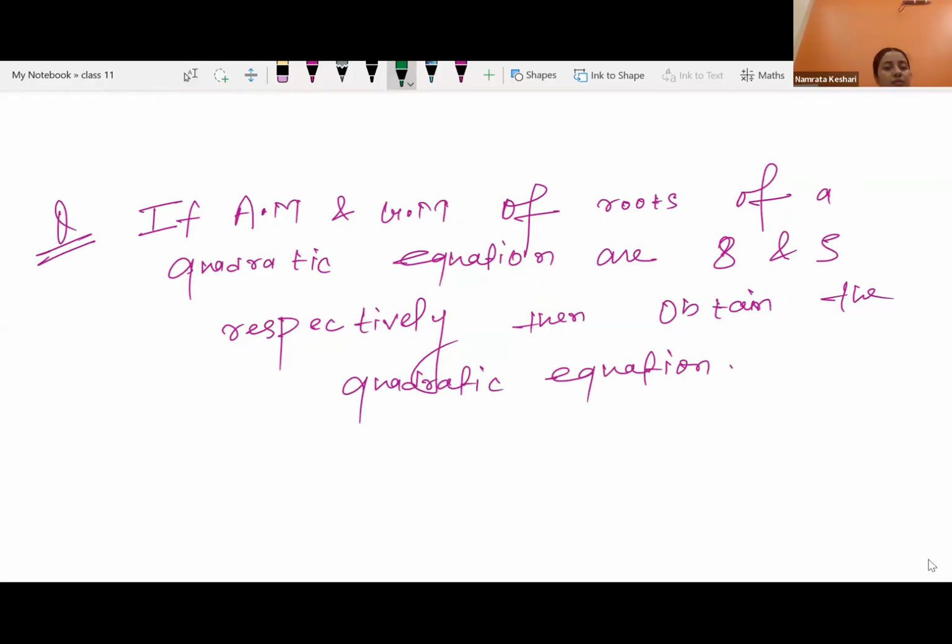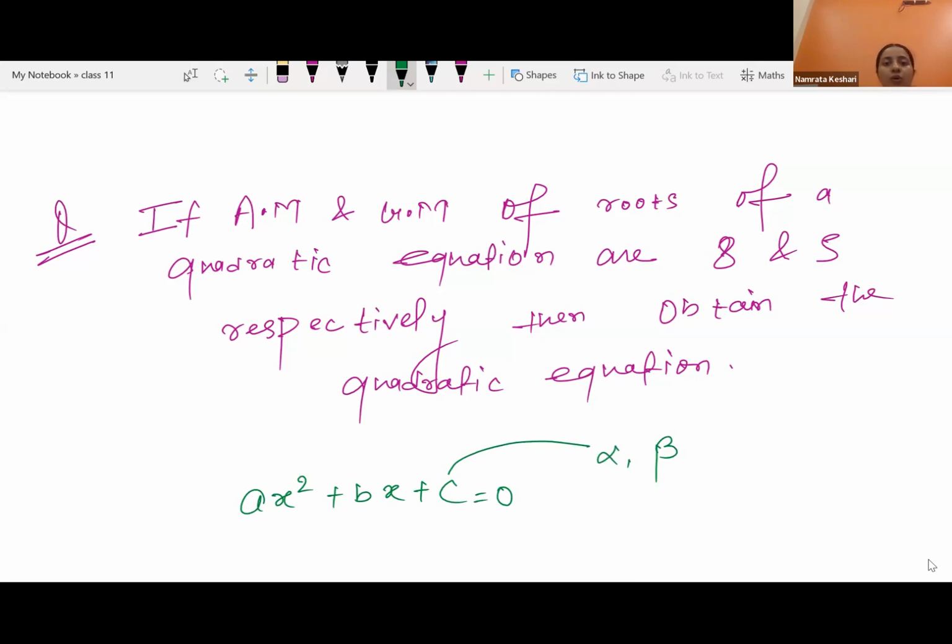So let's try understanding the question first. Arithmetic mean and geometric mean we are having of what? Roots. So suppose you have a quadratic equation ax square plus bx plus c, and suppose alpha and beta are the roots.